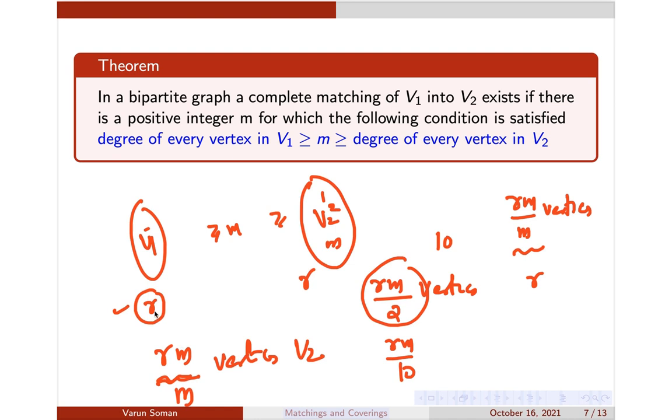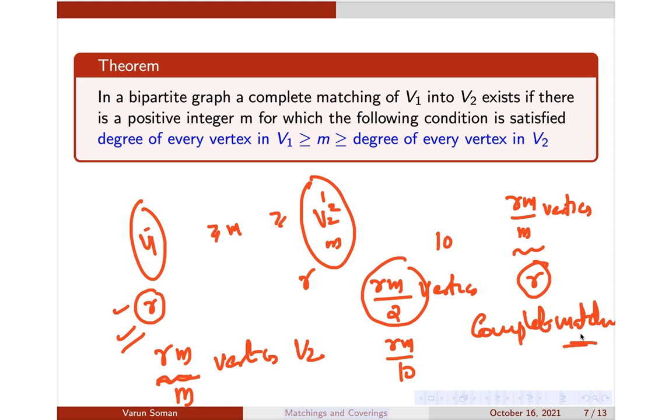That means the R edges in V1 are collectively adjacent to at least R vertices in V2, and that means there exists a complete matching. So that is the idea, very simple. If you understand the previous result, it is simple logic.